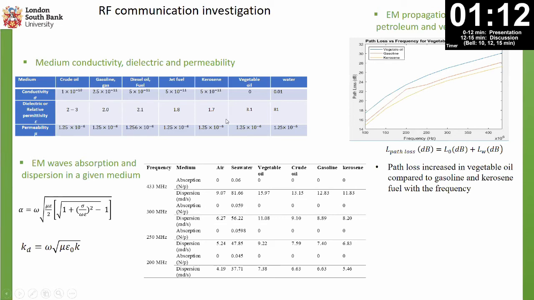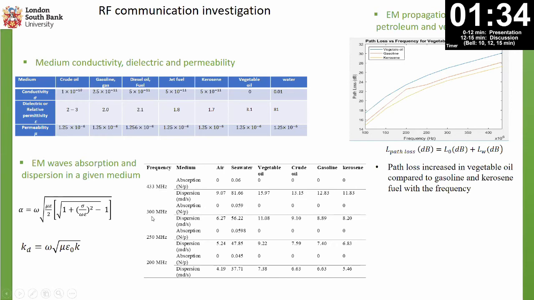We also looked at absorption and dispersion in the medium, to compare which type of frequency we can use during our investigation. And we came to use 433 megahertz because it was the one which is on the market.